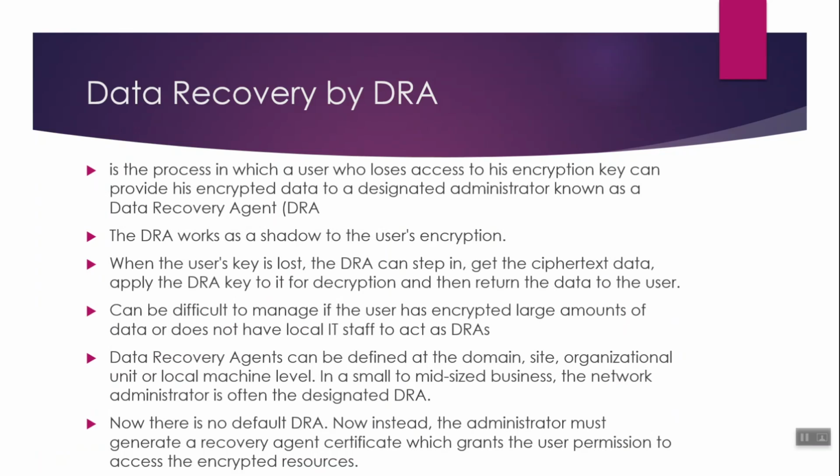EFS is going to encrypt each file with the Advanced Encryption Standard key. So EFS would encrypt each file using its key, and that key which EFS has used to encrypt the file will in turn be encrypted by the user's RSA key.